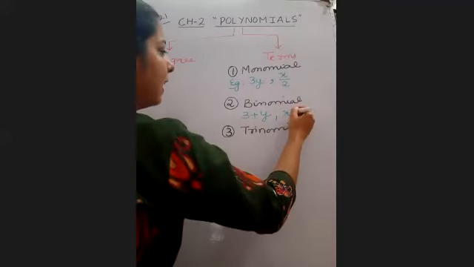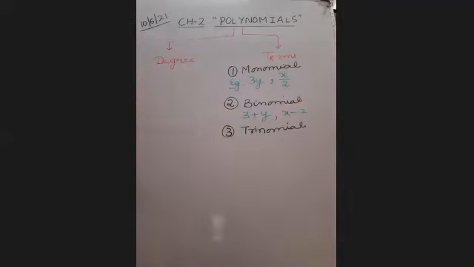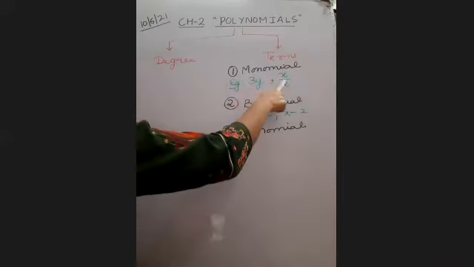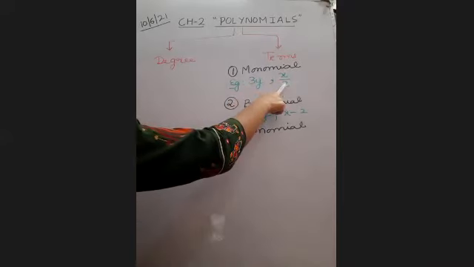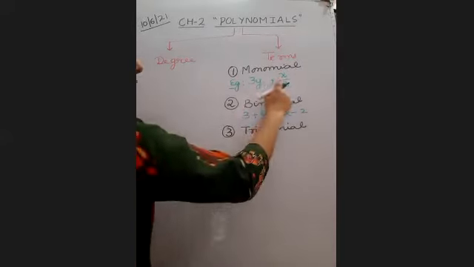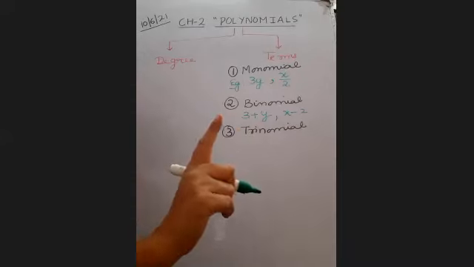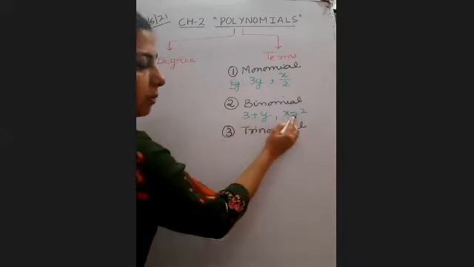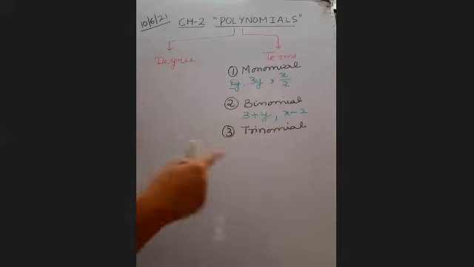So if you are multiplying or dividing, please see to this carefully. If you are multiplying or dividing, it remains a single term. But if you are adding or subtracting, the number of terms increase.